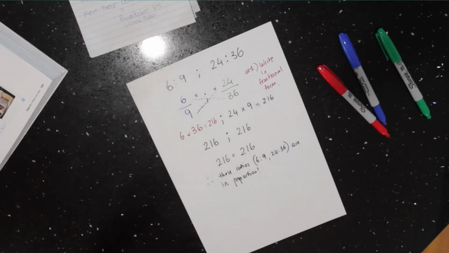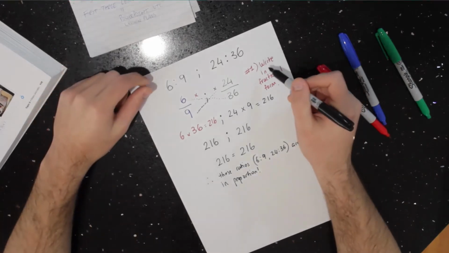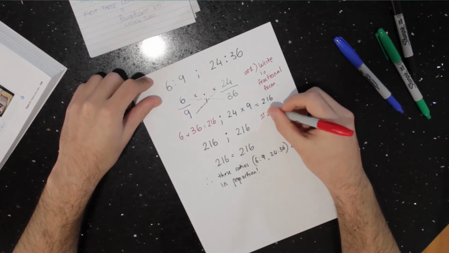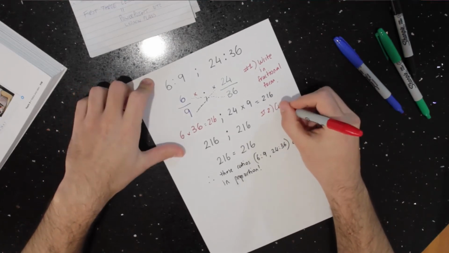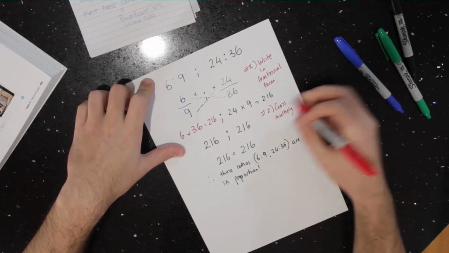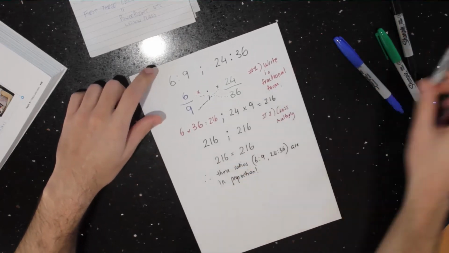So that's the cross multiplication method. You write them in fractional form, then you cross multiply, and then you compare the results.